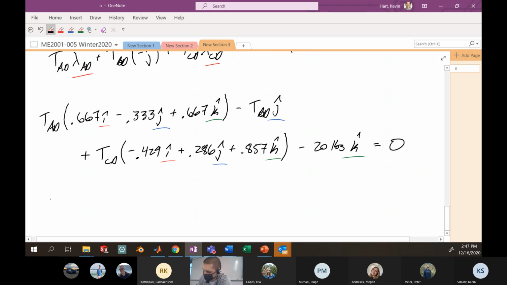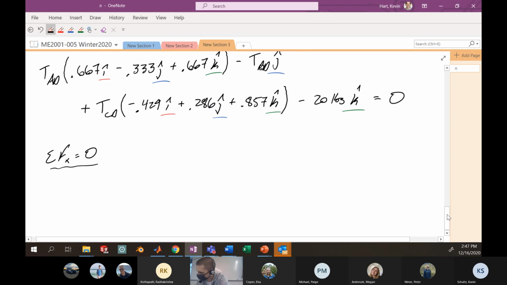Right? So sum of forces in X equal to 0. 0.667 TAD, just plucking this guy here, minus 0.429 TCD, plucking this guy.